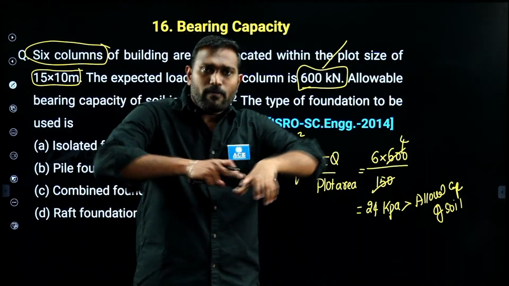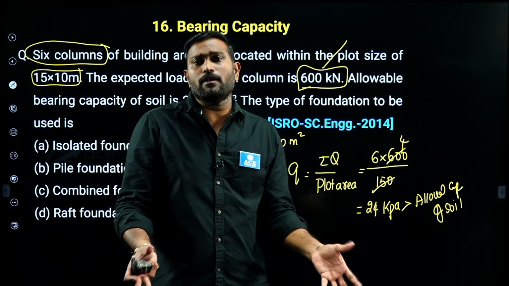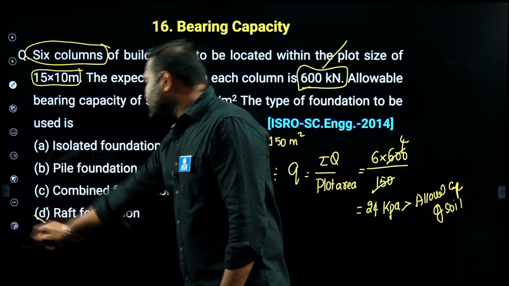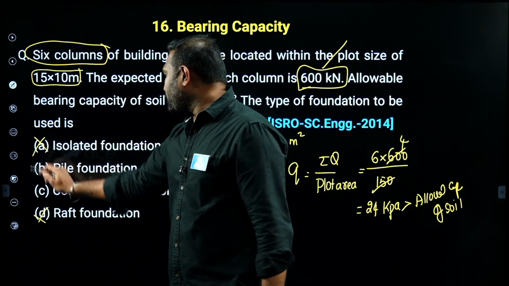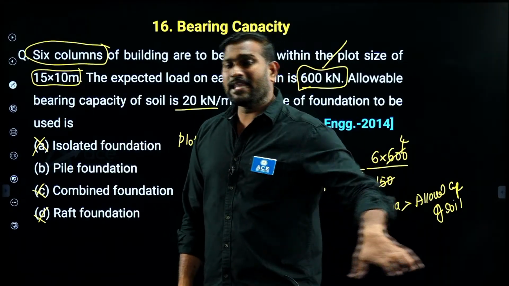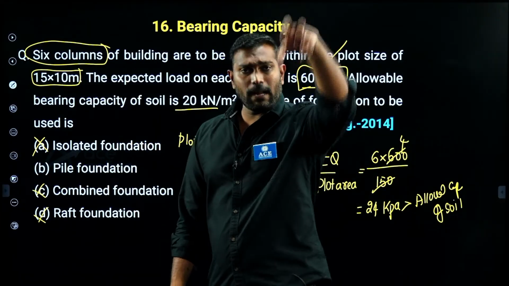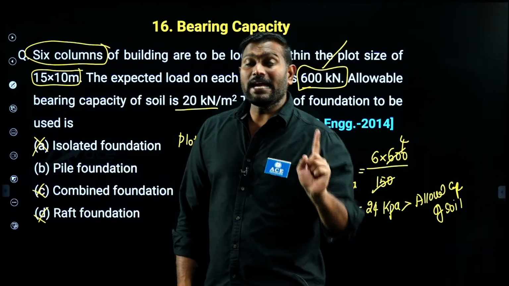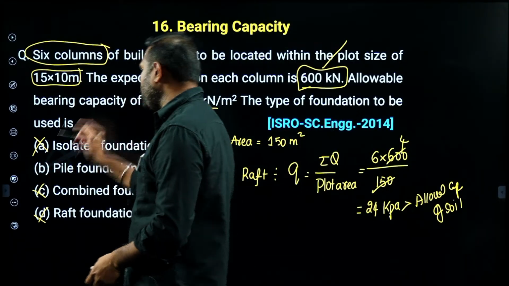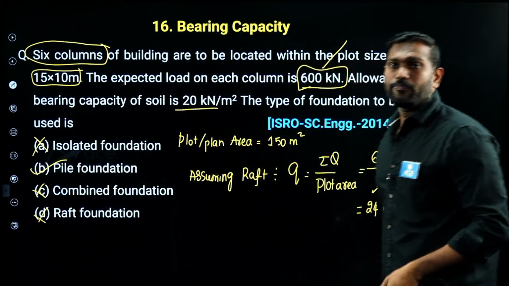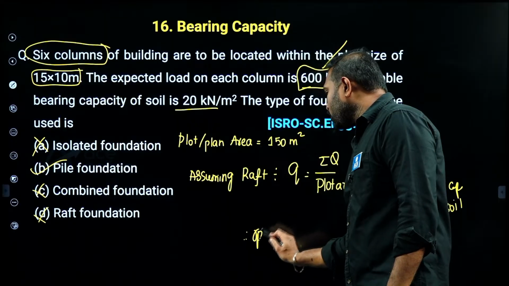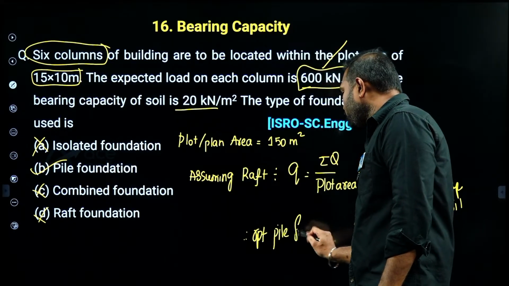So if raft is not possible, then isolated and combined are also not possible. Then what is the only option? You have to drill piles first and then provide a raft. When you drill a pile, the pile will offer some side resistance, which will improve the bearing capacity. So the correct answer is option B, pile foundation.